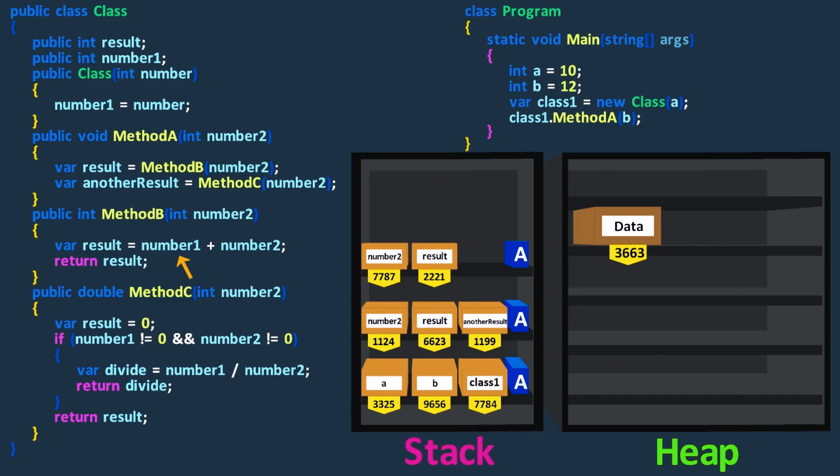When the program encounters number1, it first looks for the variable in the stack frame of method B. If it's not found there, it looks for the variable in the object where the method is defined and finds number1 there. After that, we return the value of result in the next statement. Then, the stack frame of method B is destroyed.